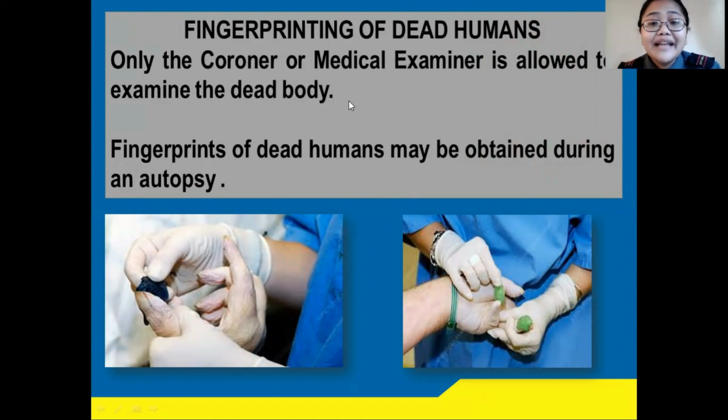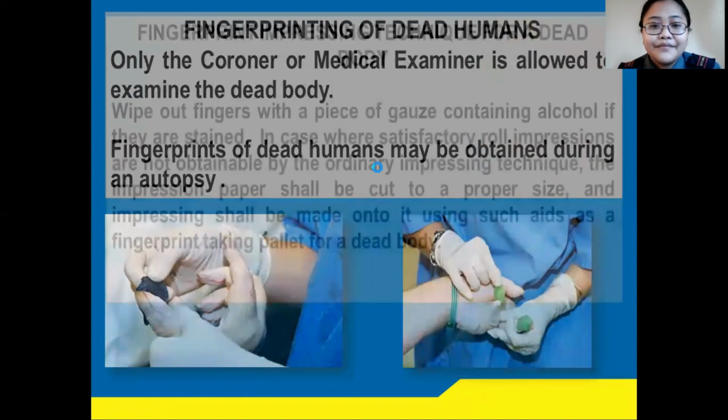Fingerprints of that human may be obtained during an autopsy. It is not only for victims who are alive that real impressions are taken, but also for victims who are dead. Because if you are involved in the crime scene, whether dead or alive, your fingerprint real impression is taken, because as I said earlier, it will be used to investigate our case.